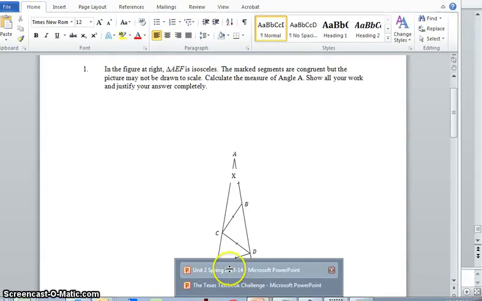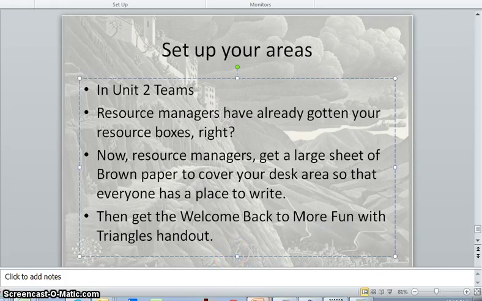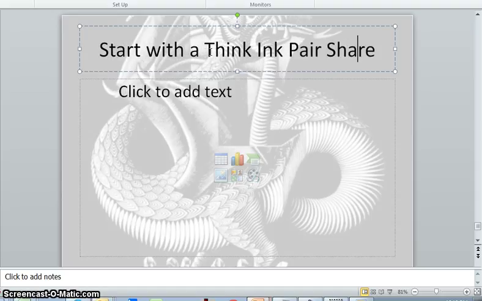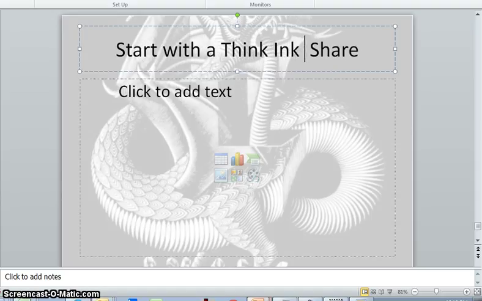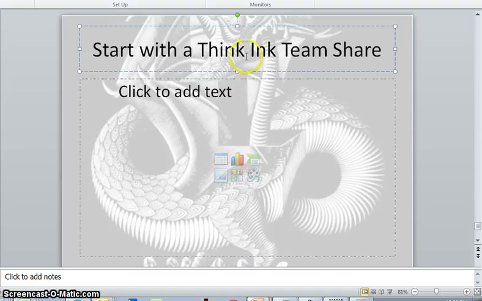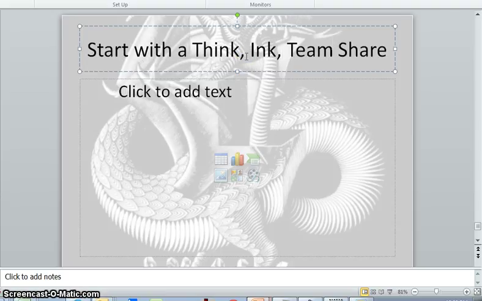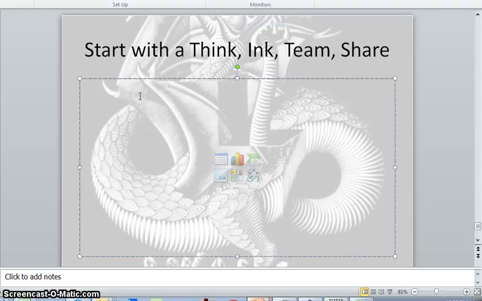So you should start this with a Think Ink Pair Share. And really it's a team share. And facilitators are going to be really important here for timing and for keeping everybody focused.